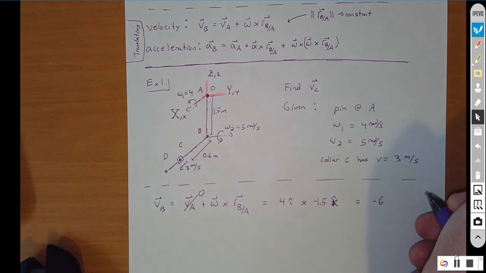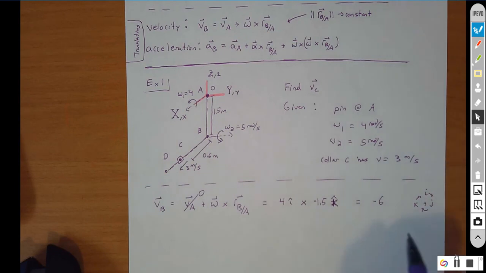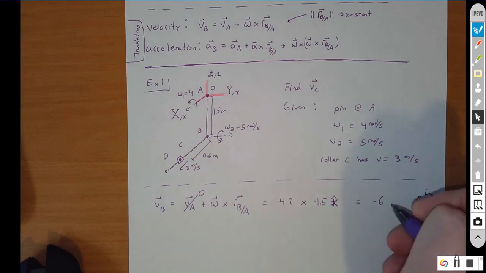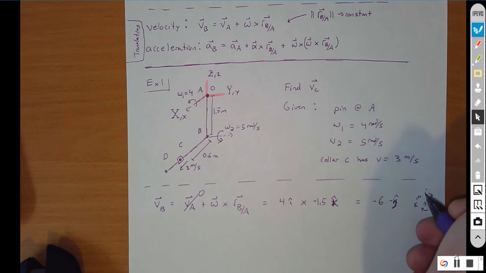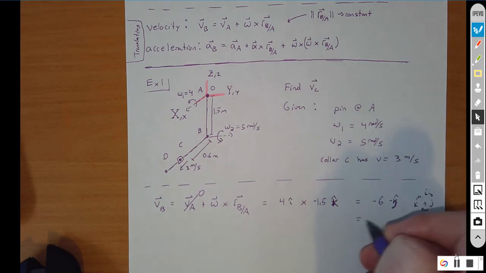If you remember, I do this in class, i, j, k. Really only need to set this up once. So I'm going from i into k, which is going to get me to a j, but I went backwards on the circle, so I'm going to get a negative j hat. i into k gives me a j. So that means I'm going to get a total of a positive 6 j hat.